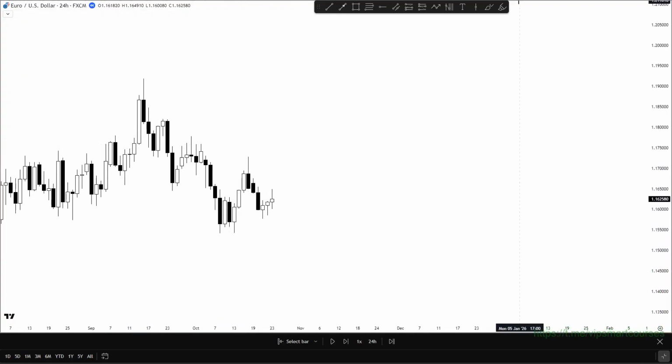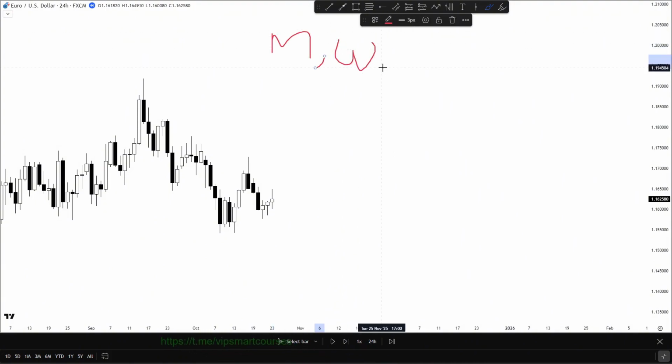Remember, within the system we are meant to use all of the higher time frames for determining a directional bias, like the monthly, the weekly, and the daily.